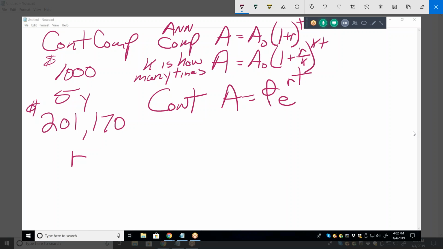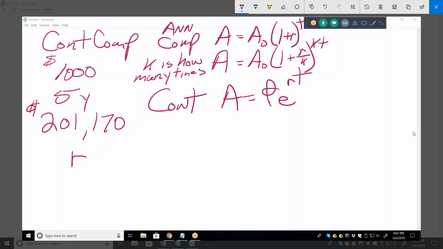If you look at the bacterial growth in a petri dish, it's always continuous compounding. If you look at populations multiplying, whether it's rabbits or anything else, it's continuous compounding. So continuous compounding is the most important one.